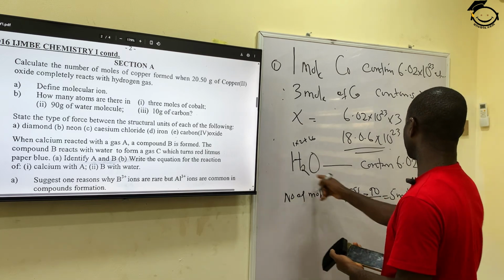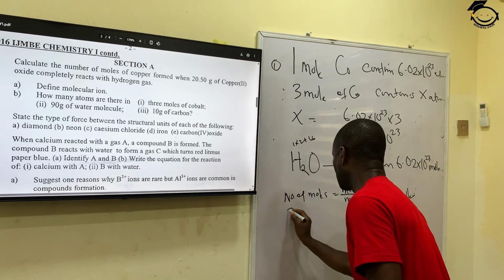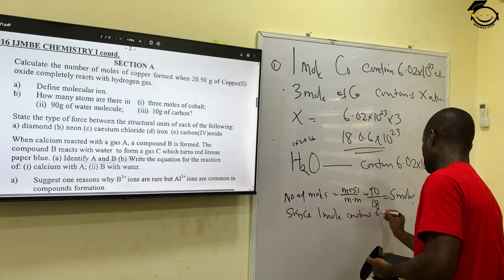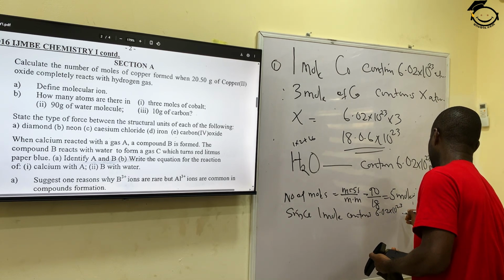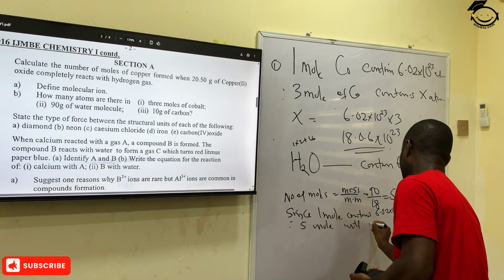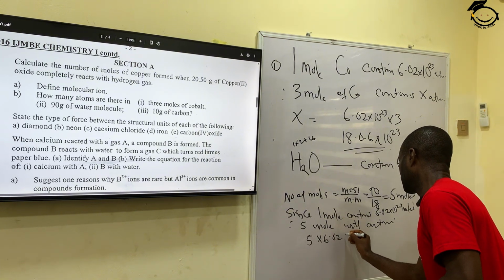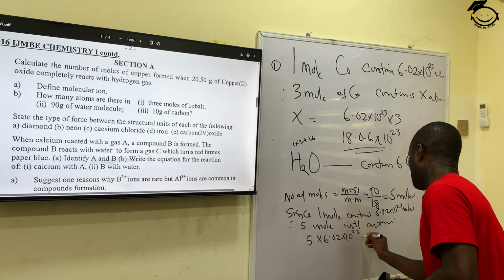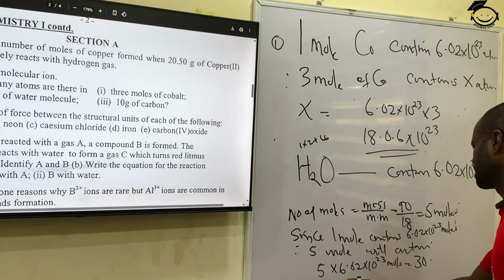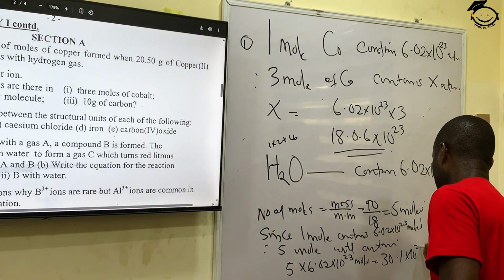Therefore, since 1 mole contains 6.02 times 10 raised to the power 23 molecules, 5 moles of water will contain 5 times 6.02 times 10 raised to the power 23 molecules, which is equivalent to 30.1 times 10 raised to the power 23 molecules.